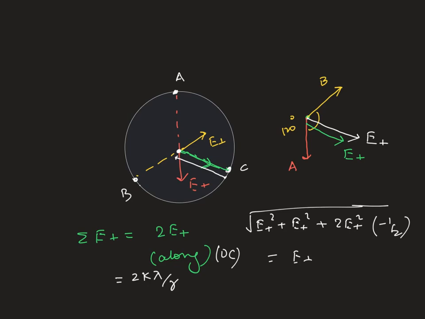So how do we summarize this? Let's draw the circle again. This is point A, somewhere here is point B, and let's say this is point C, and this is O, the center, obviously. Now, what was the direction of E parallel?